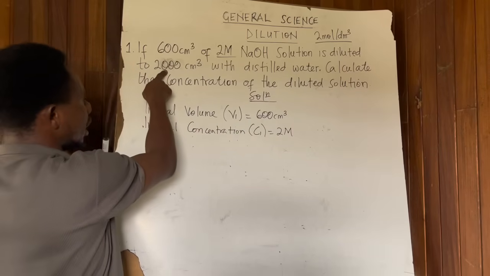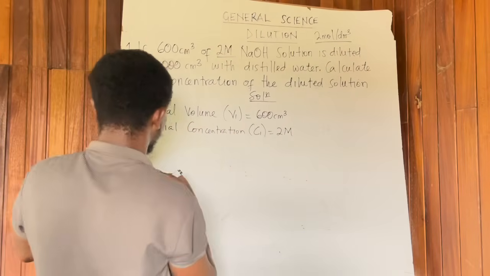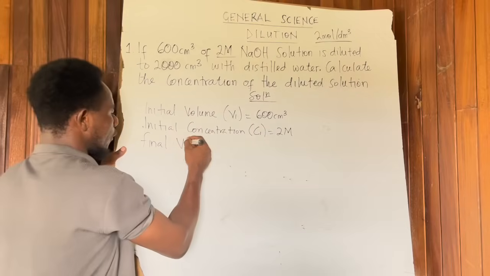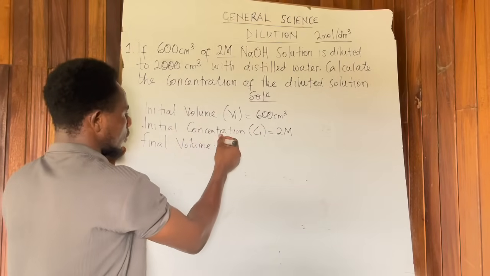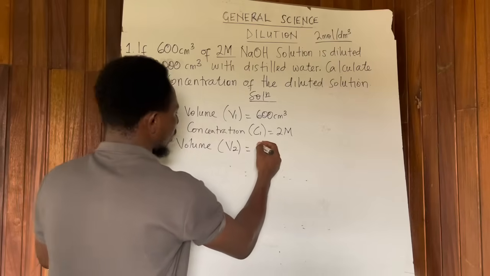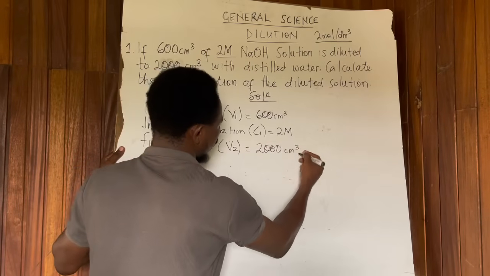That is why here should be 2000, not 200. The volume should increase. So my final volume, which is V2, should be 2000 centimeters cube.